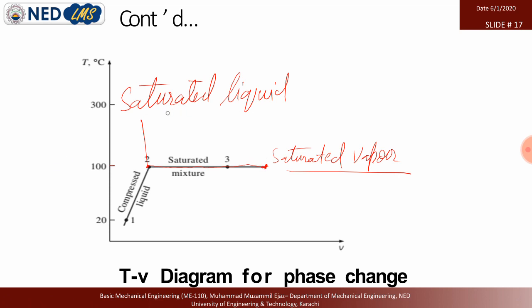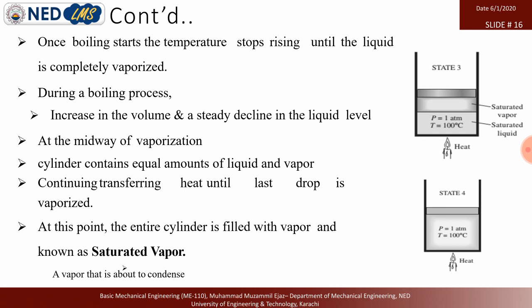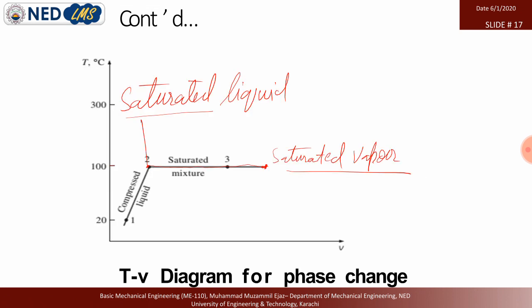So at this point, before the liquid, there is a saturated liquid. Now I hope you understand this phase change process from liquid to vapor.